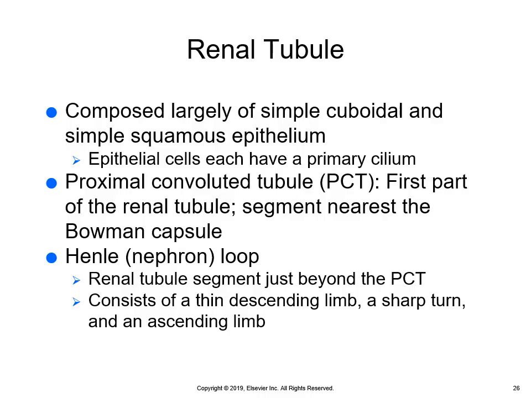So while the glomerulus does start the filtration process, these renal tubules are where the decision making happens, making sure that we keep what is necessary and that we send out what is considered to be waste.